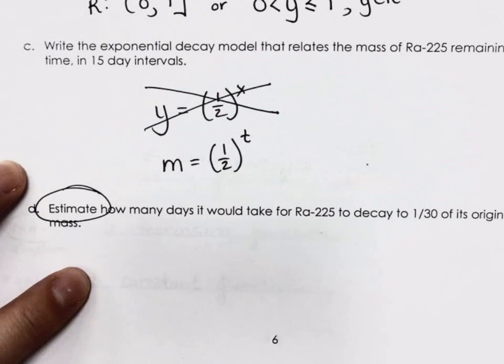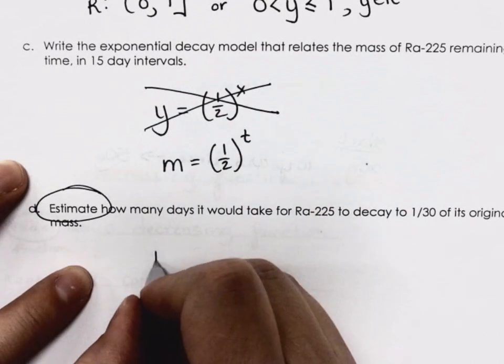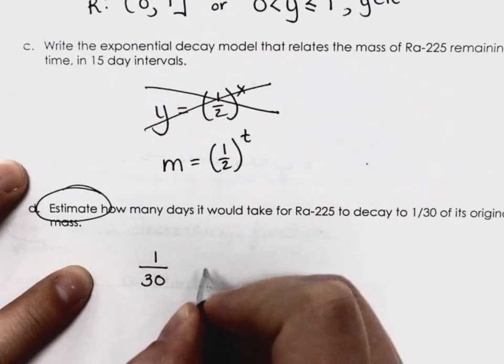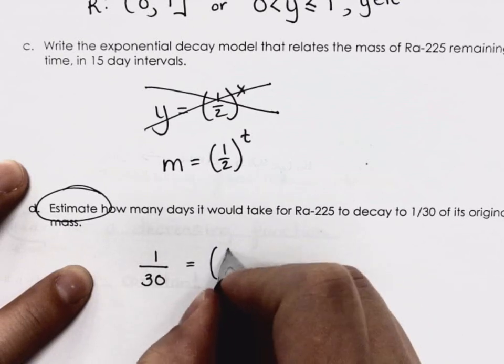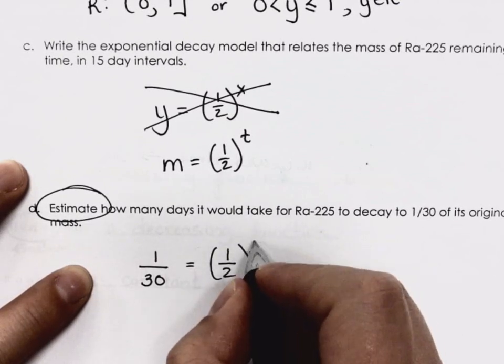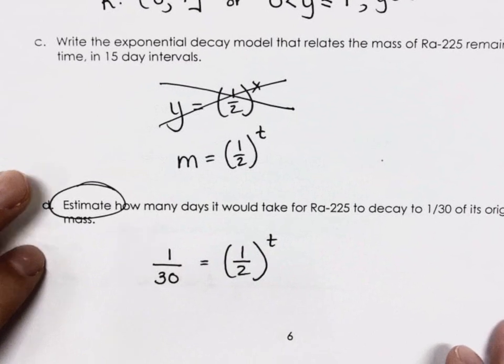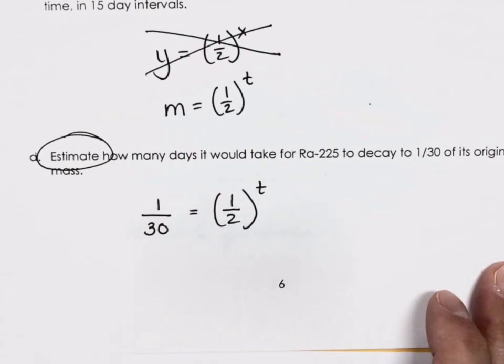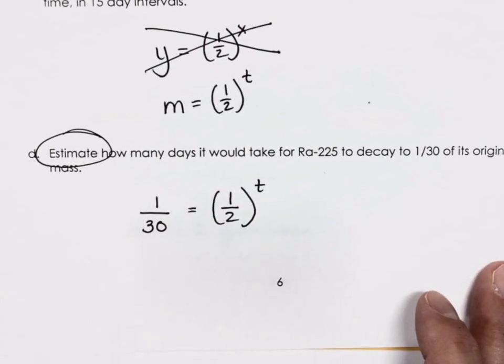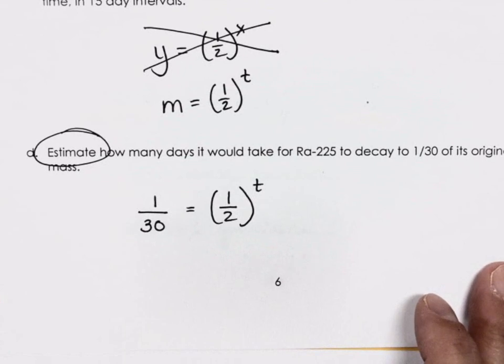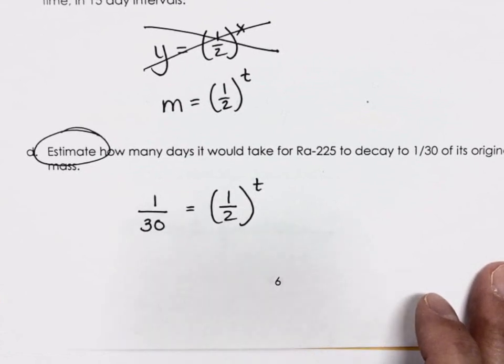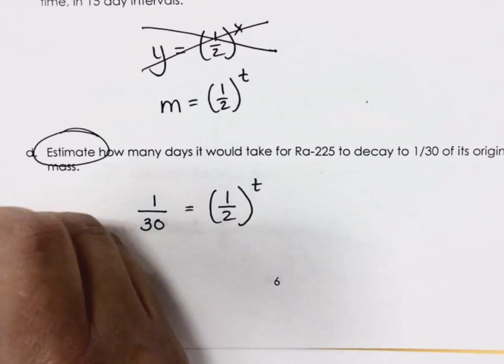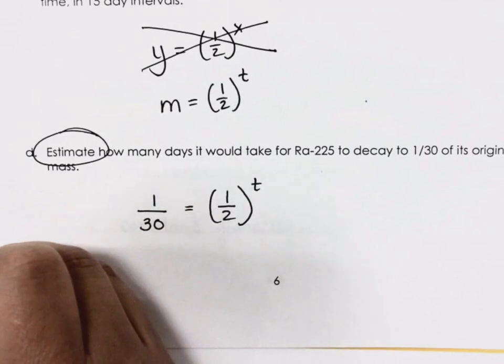Okay, so the mass is 1/30. And we're trying to figure out what that t is going to be. So what's 1/2 to the exponent 1? 1/2. What's 1/2 to the exponent 2?